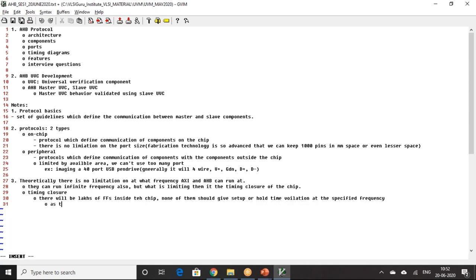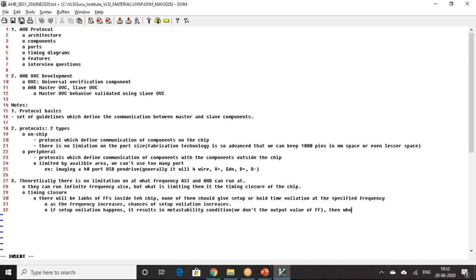As the frequency increases, the chances of setup violation increase. If a setup violation happens, it results in a metastability condition, where we don't know the output value of the flop.